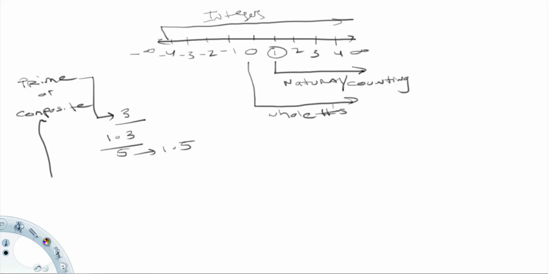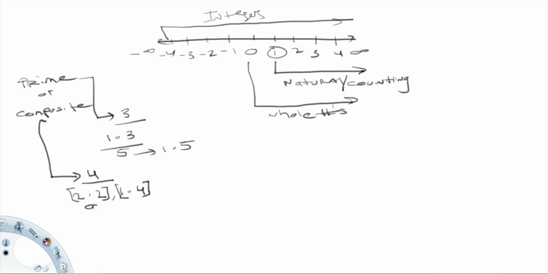So whatever isn't prime is composite. So composite, let's take 4, right? 2 times 2, why not? 1 times 4. If 4 was only divisible by 1 and itself, then it would be prime, but we have this going on.